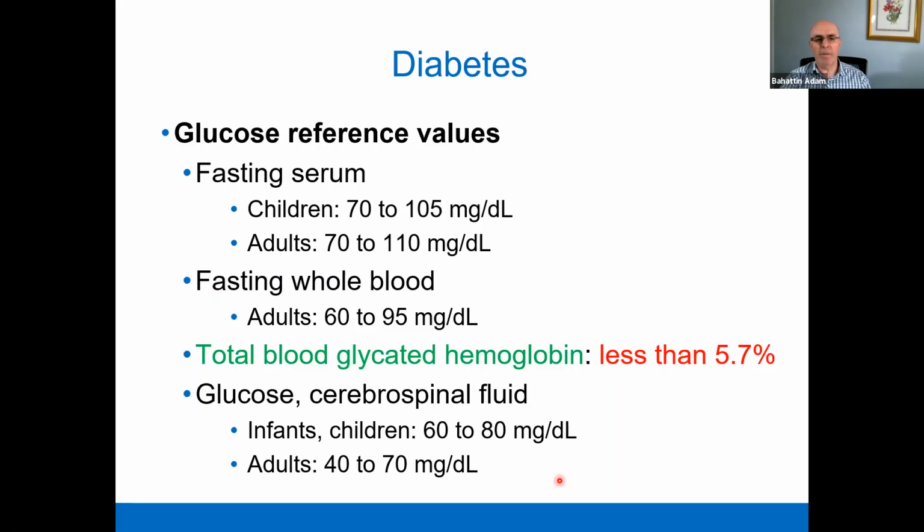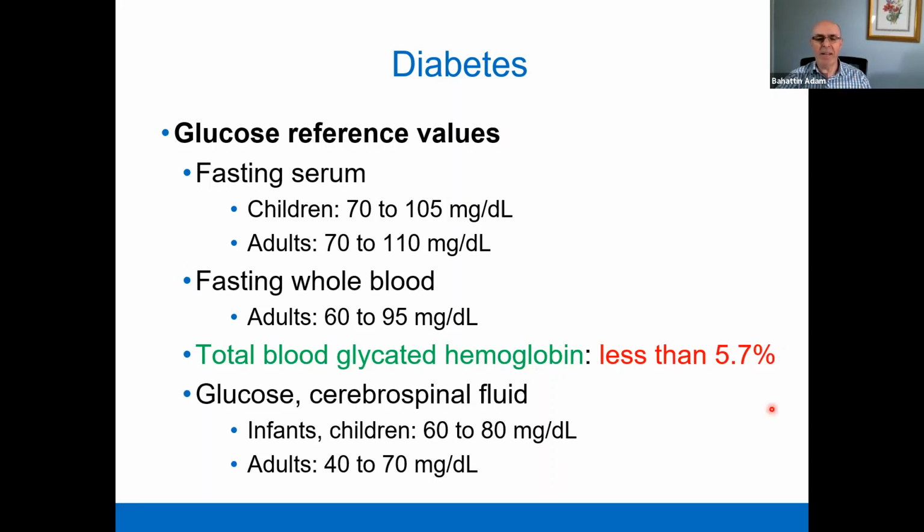Okay, these are the glucose reference values. As I mentioned before, they may change between adults and children. The total blood glycated hemoglobin A1C should be less than 5.7%, and the cerebrospinal fluid glucose should be a ratio of 2 in 3.